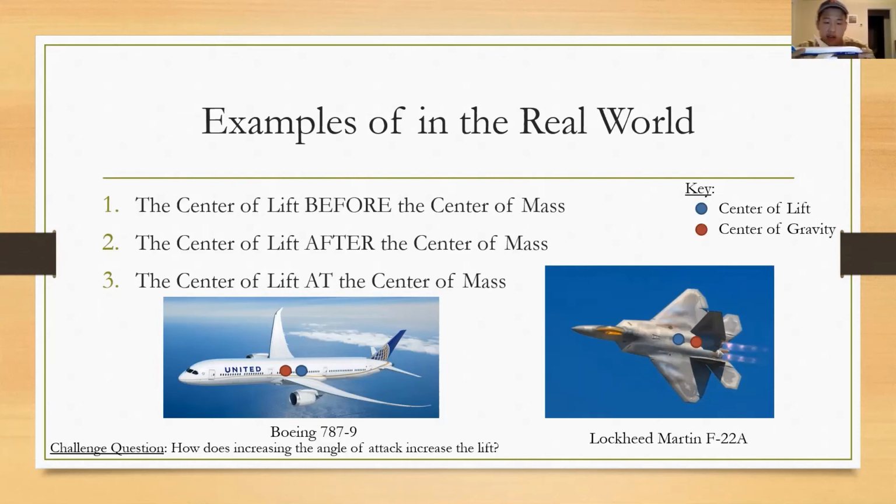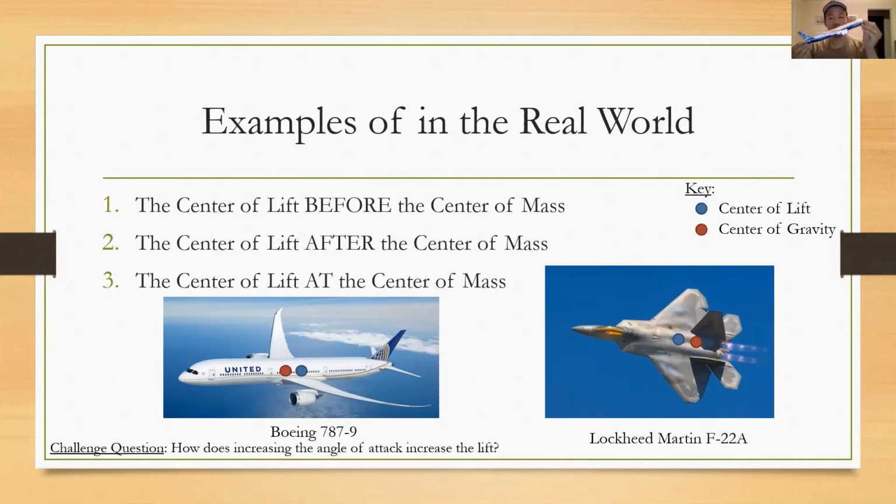There's such a thing called the angle of attack when it comes to aircrafts. What is angle of attack? Angle of attack is how angled the aircraft is as it is flying. So when it is flying perfectly straight, it has a 0 angle of attack. But then if it tips upward, it has a higher angle of attack. Versus if it tips down, it now has a negative angle of attack.